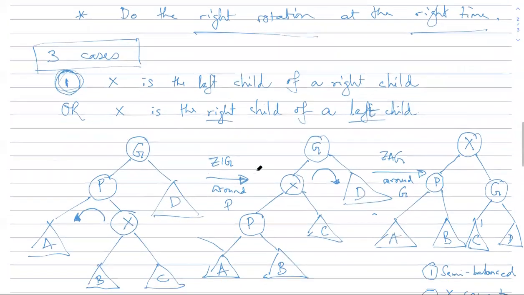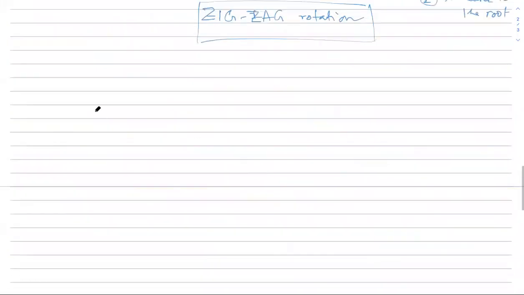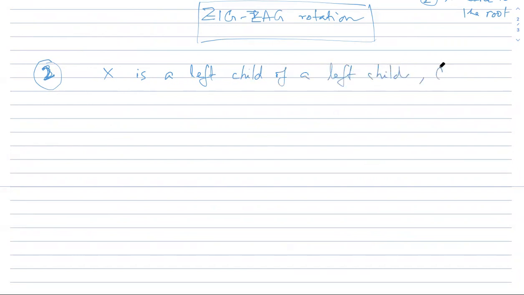There will be three basic kinds of cases that we will encounter as a step towards splaying a node. So this is the second case. Okay, the second case is, as you would have already guessed, X is a left child of a left child, or X is a right child of a right child.